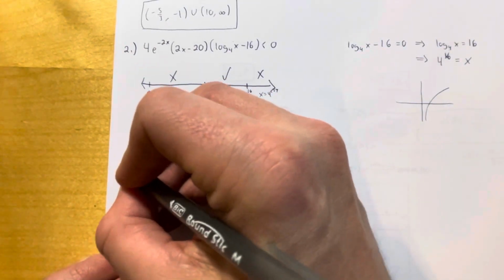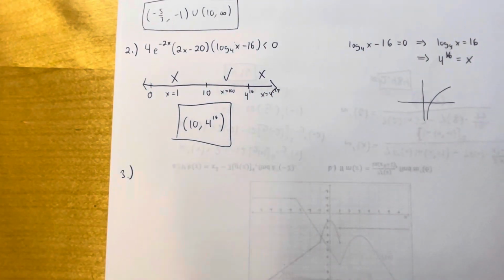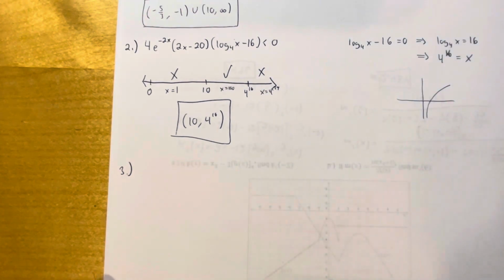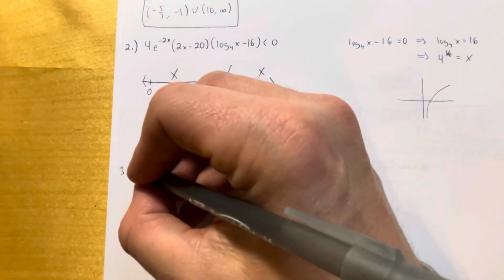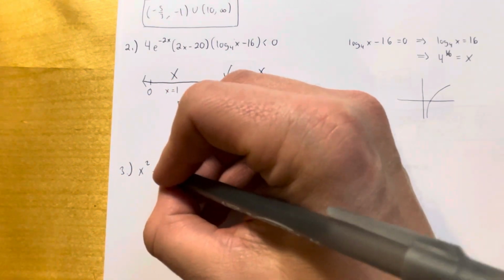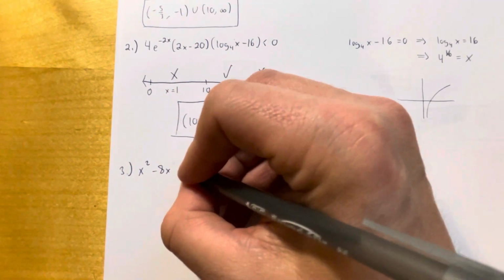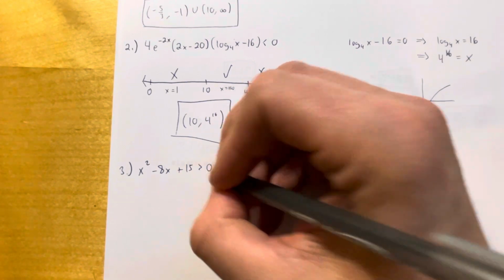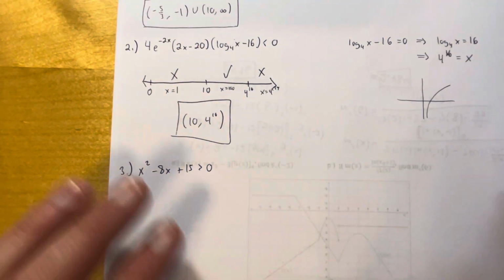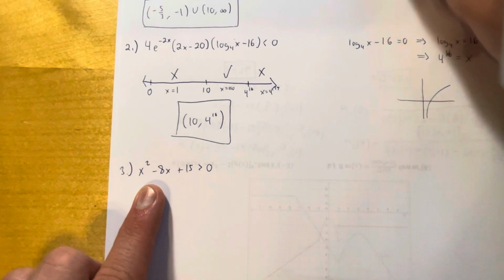Let's try another one. So number 3, I want to do a problem that involves some factoring. So what if I have x squared minus 8x plus 15 is greater than 0. This time, my expression is not factored for me.